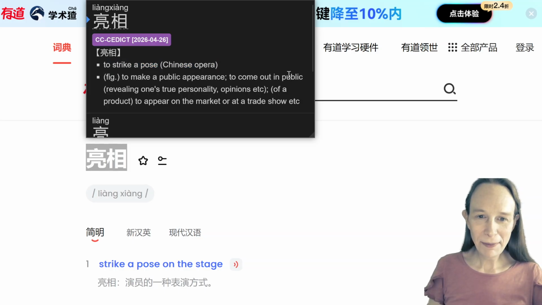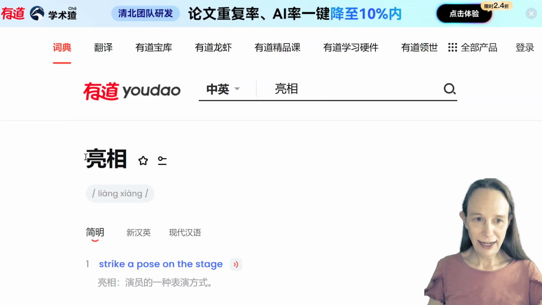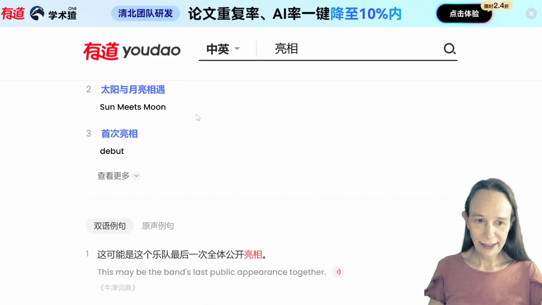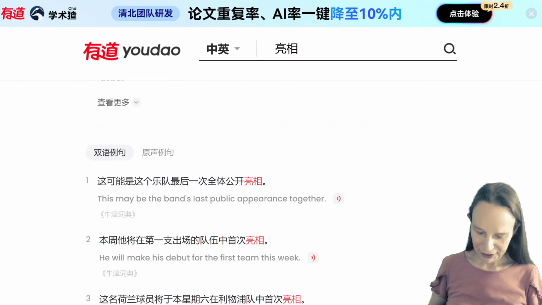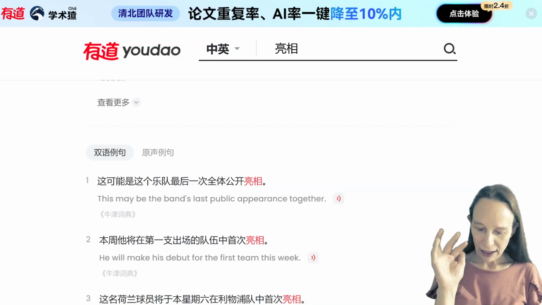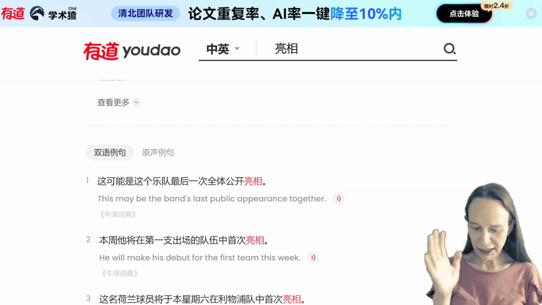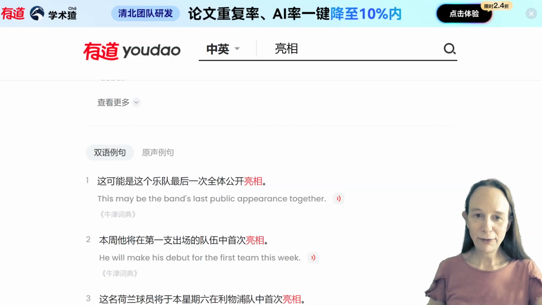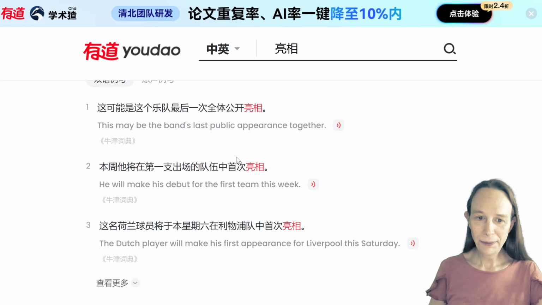To make a public appearance, come in public, revealing one's true personality, opinion of a product, appear on the market. 亮相. All right. That's a little tricky. But we'll look at the second definition because I think that's the one. 比喻露面在公开表示态度，亮明观点。So you're revealing your point of view.